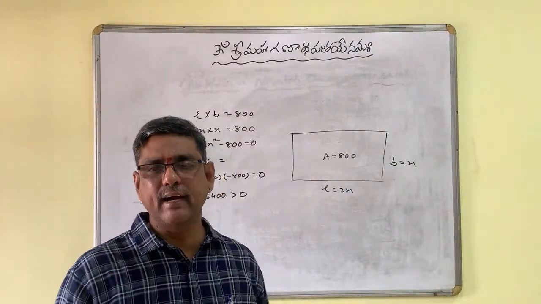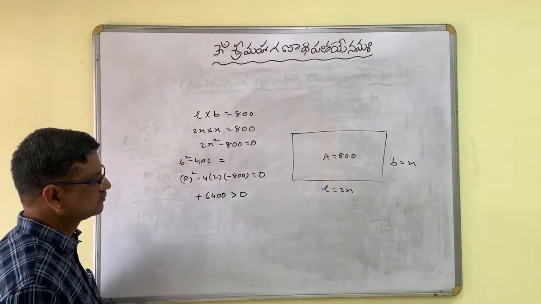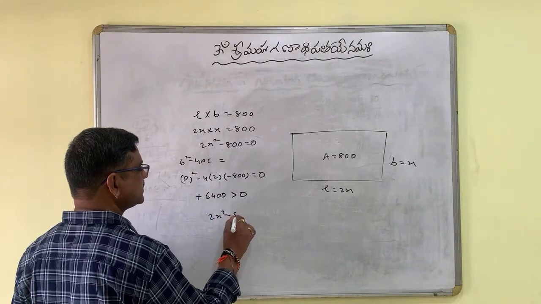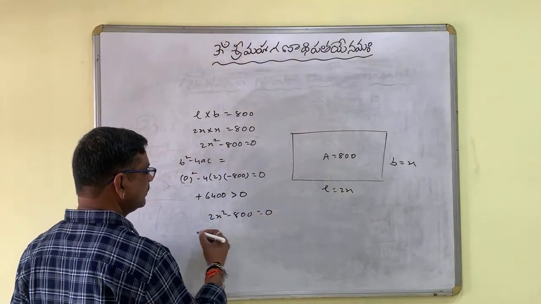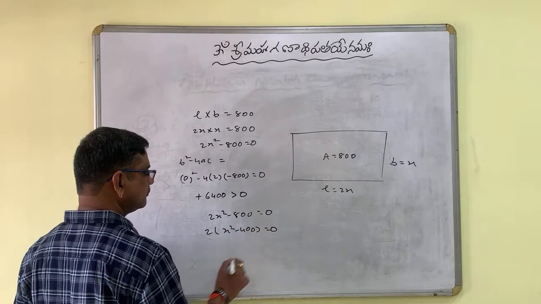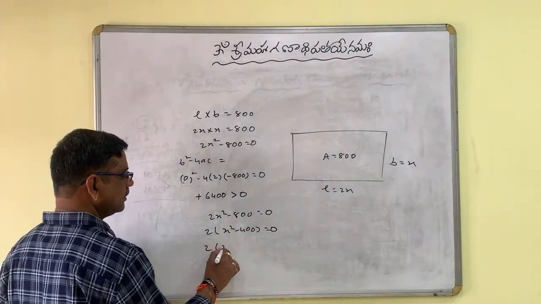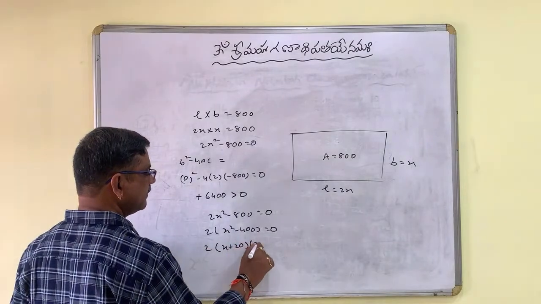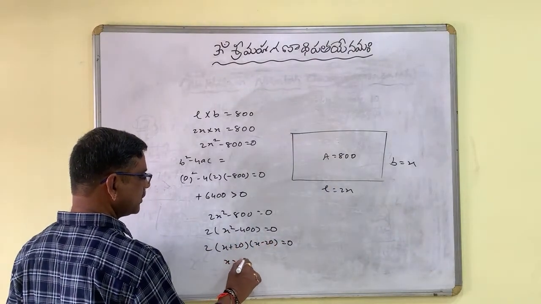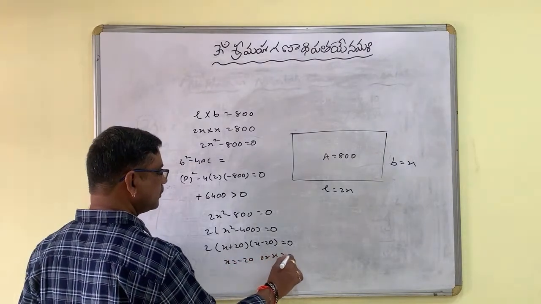After this, you can do factorization. So 2x square minus 800 is equal to 0. Take 2 common. X square minus 400 is equal to 0. X plus 20, x minus 20. X is equal to negative 20 or x is equal to 20.